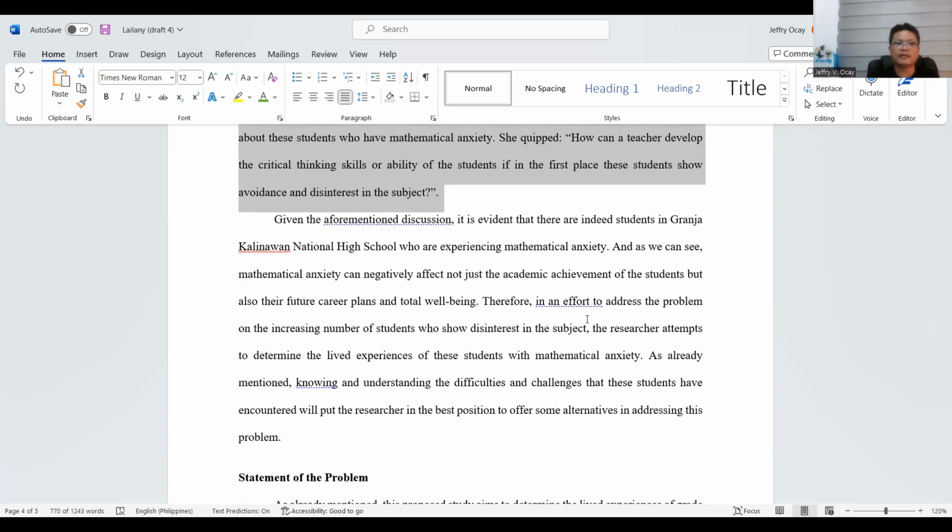Notice as well that the writing is very simple but elegant at the same time. And it is also narrative and argumentative. We make arguments in writing, in scholarly writing, of course.